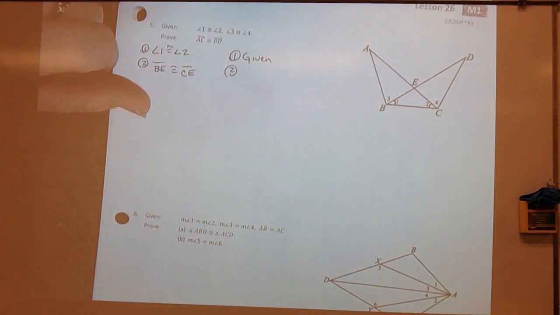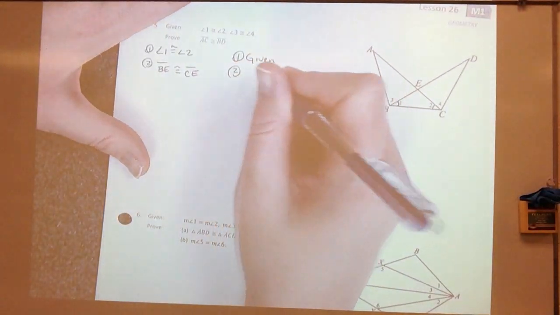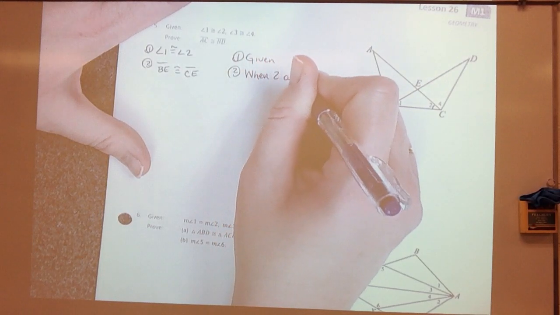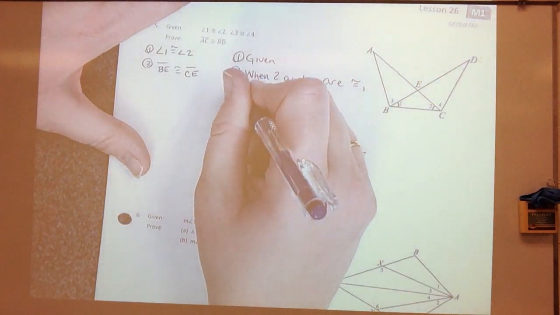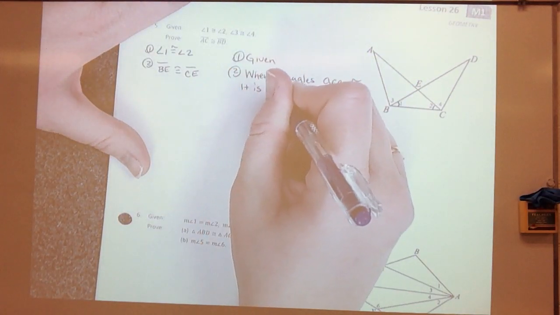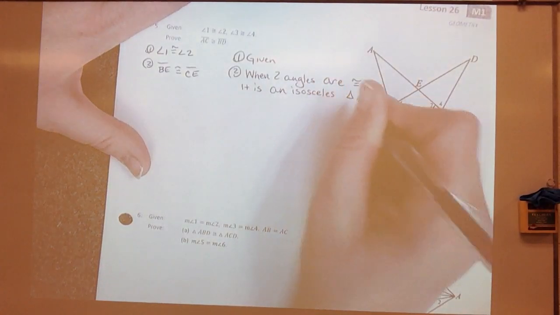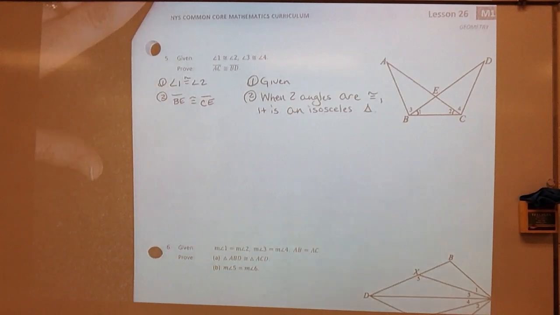When two angles of a triangle are congruent, it's an isosceles triangle.